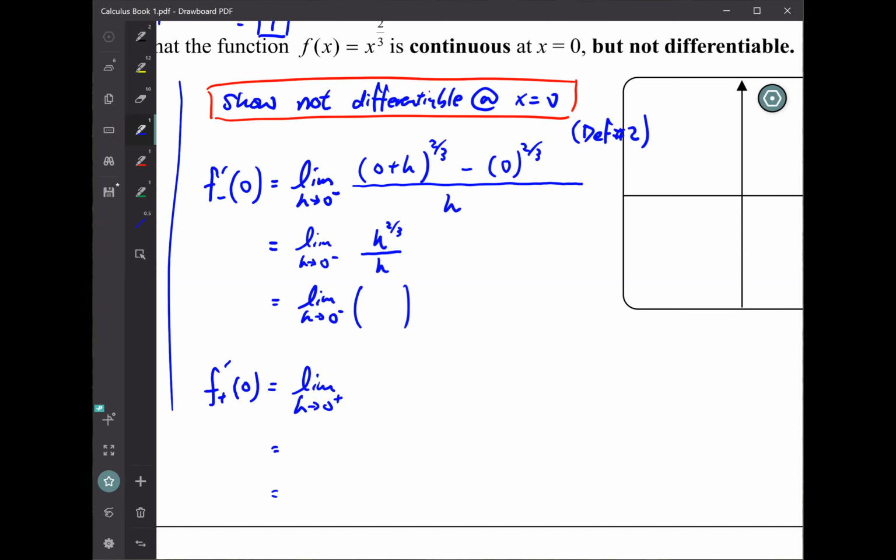Actually, you have to think about these two. They both have exponents. The top has 2/3 as exponent. The bottom has exponent of 1, right? And when you divide two things with the same base, what do you do with exponents? Subtract. So how do you subtract?